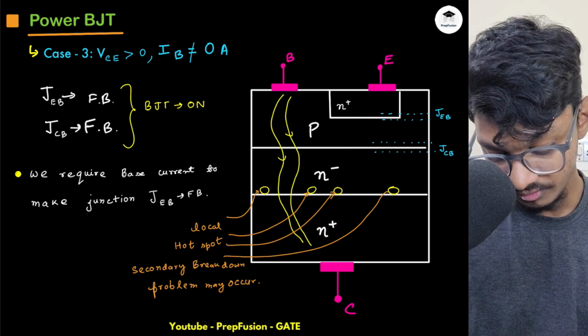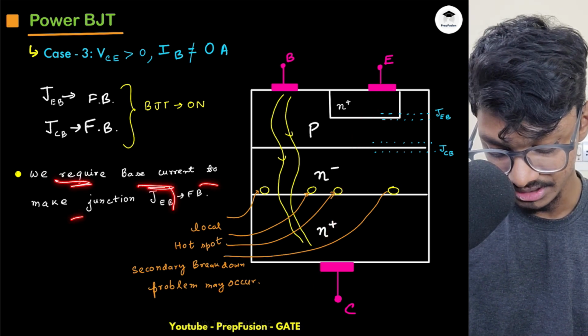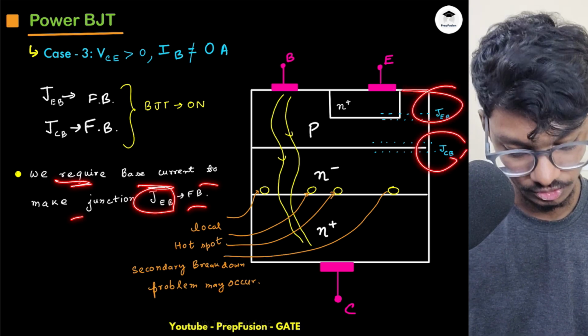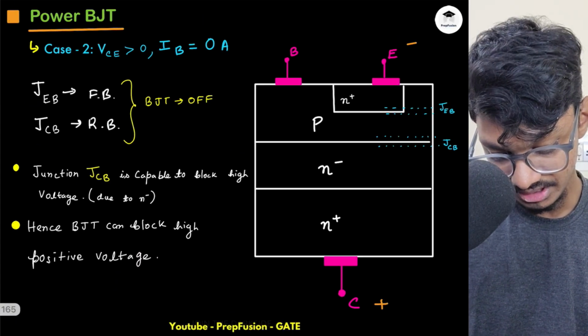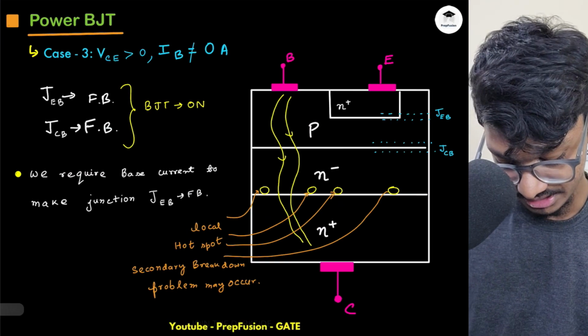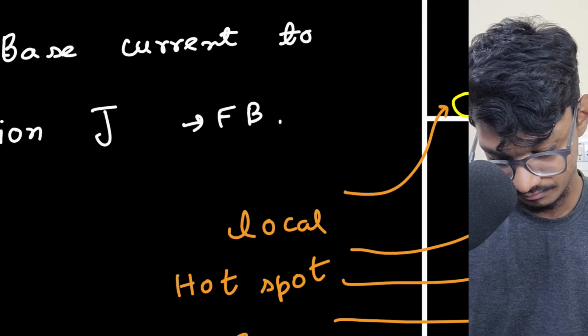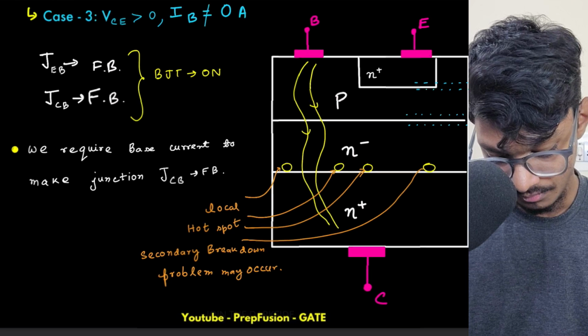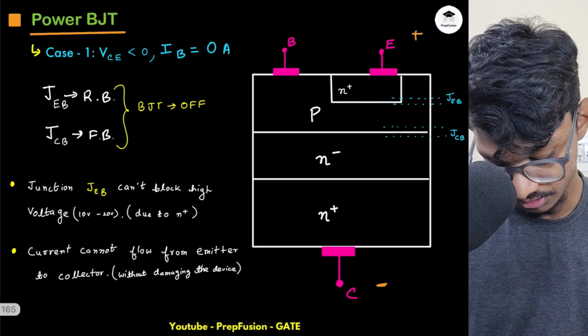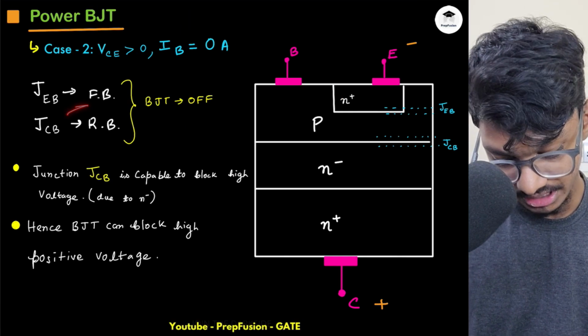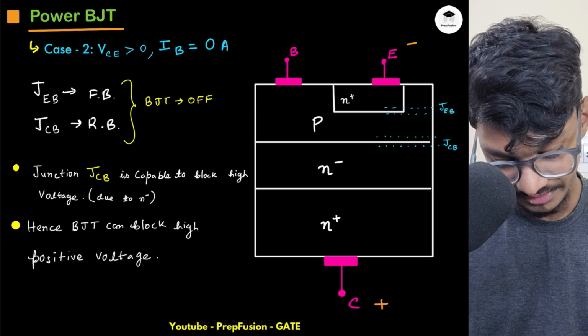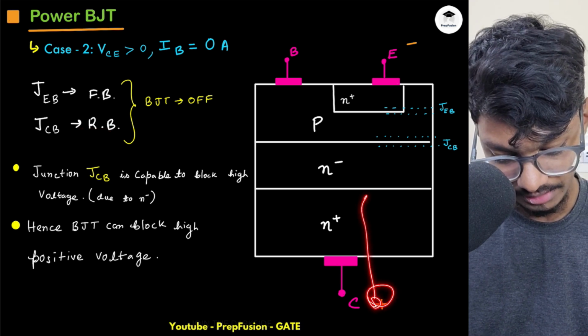So basically we require base current to make junction JCB forward bias. As you can see, this junction JCB was reverse bias here, with plus connected here and minus connected here.